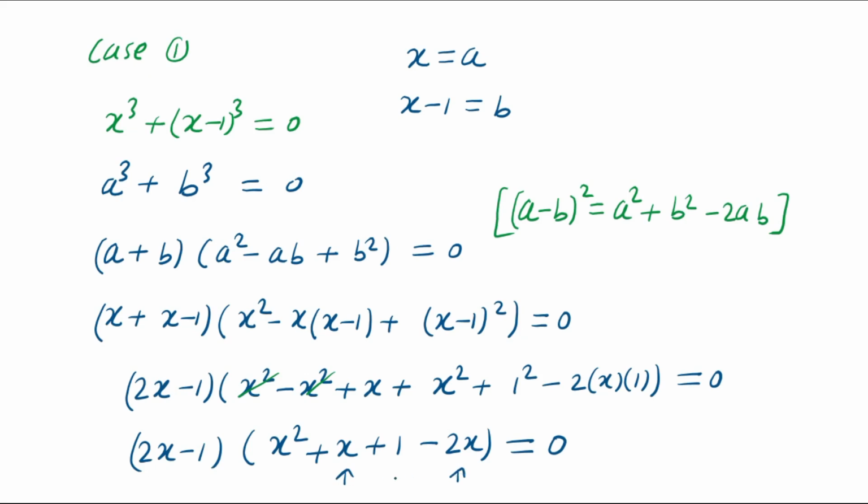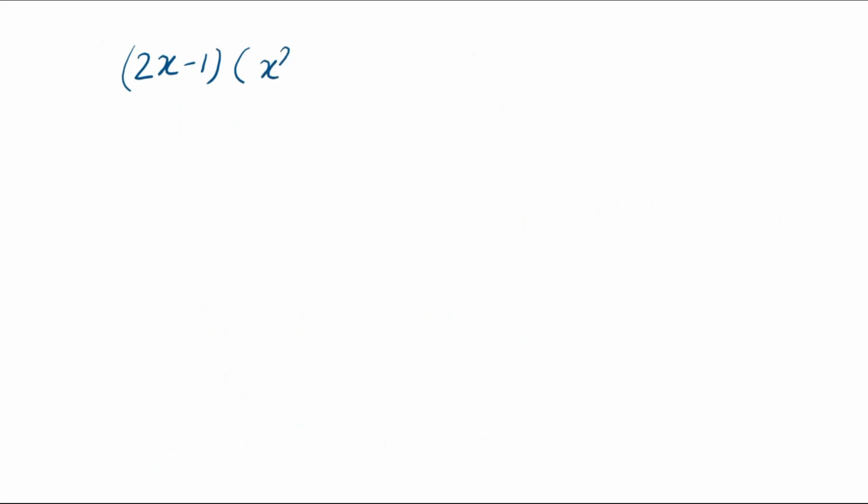If we simplify this like term, then you will get minus x. Then here x square minus x plus 1, and this is equal to 0.